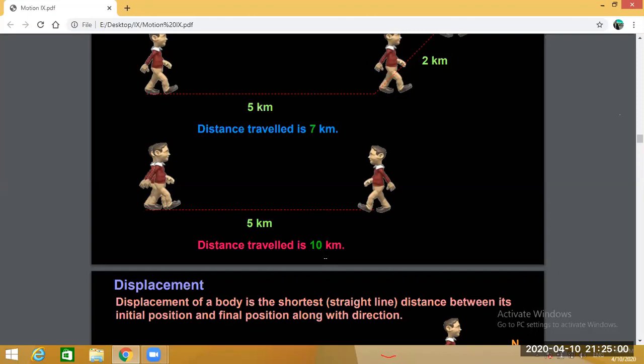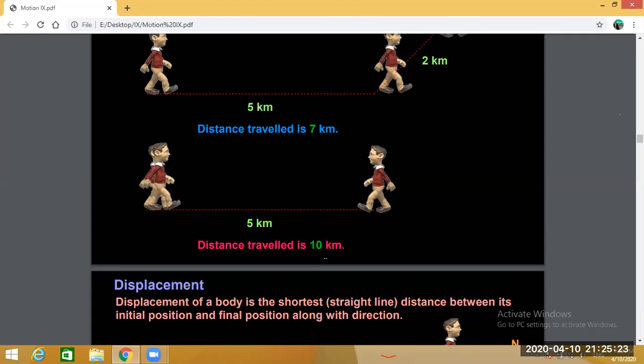As when you go from your home to school and then return back home, the distance traveled by you is equal to the distance traveled in forward motion plus the distance traveled in backward motion, and the total distance is calculated.